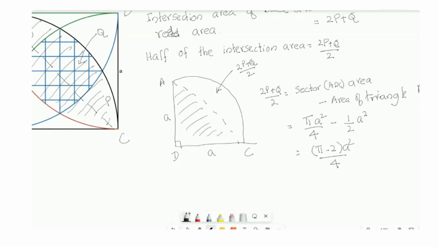Therefore this intersection area, multiplying by 2, is equal to (pi minus 2) A square divided by 2.